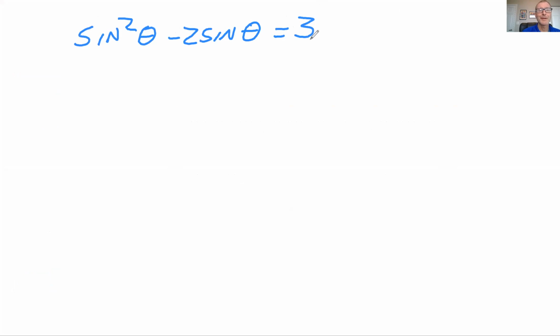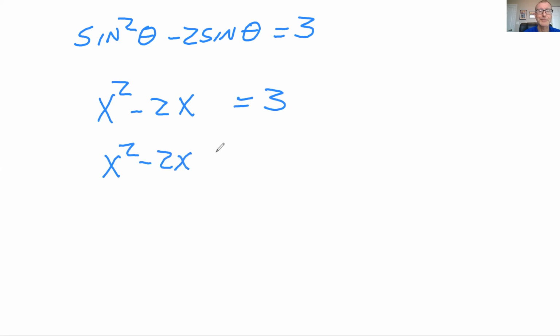So pretend like we're back in our college algebra and we have this equation, x squared minus 2x equals 3. So how did we solve for quadratics? Well, the idea was you brought all the variables to one side of the equal sign and set it equal to 0, and you solve for the roots of the equation, as they were called.